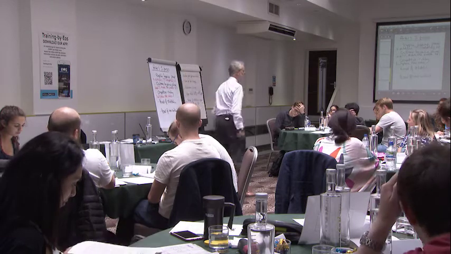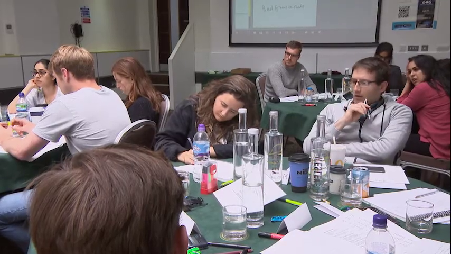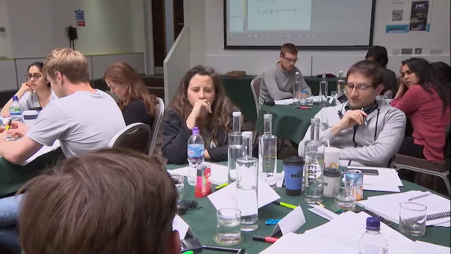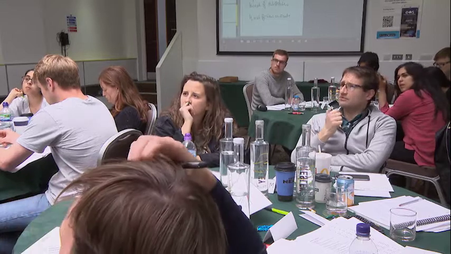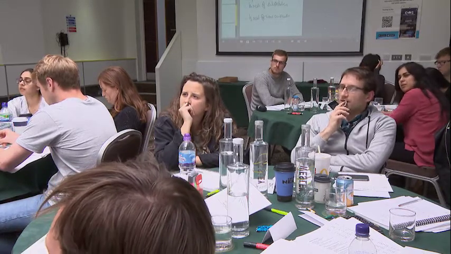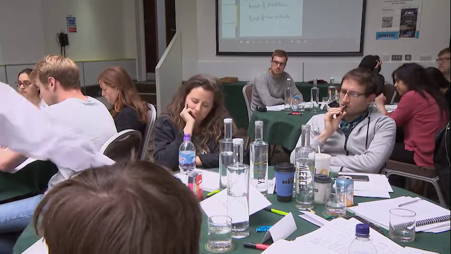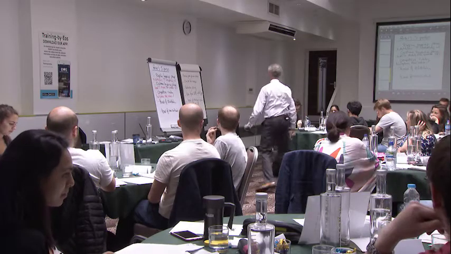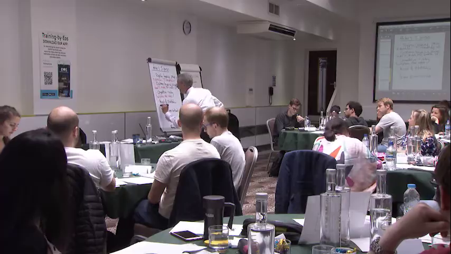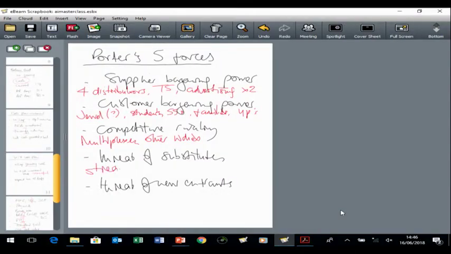Anybody else? Well, it's kind of either competition or substitution, but like internet streaming. Let's call that substitution, I think. I think those are our two main competitors. Great. That brings us on very quickly to substitutions, and we already have streaming. What other substitutions?